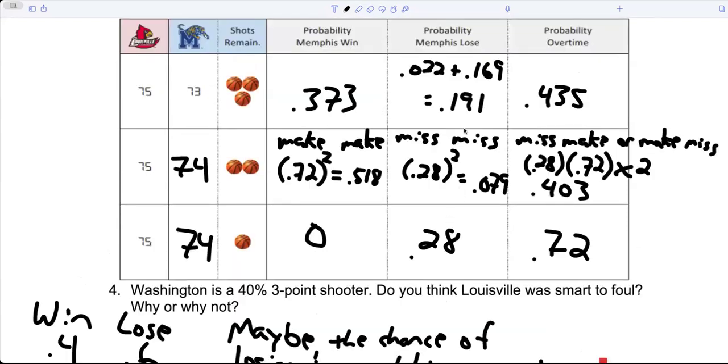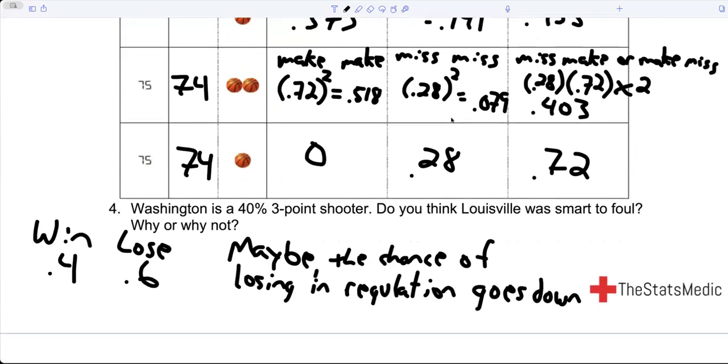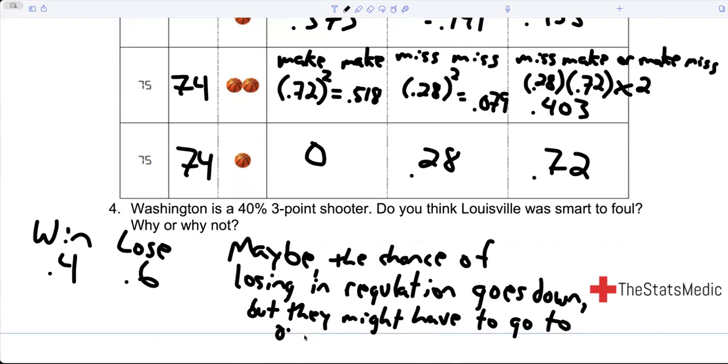All right, the probability we found that they lose was 0.191. But they might have to go to overtime, and lose in overtime.